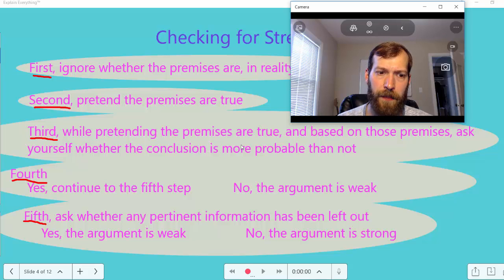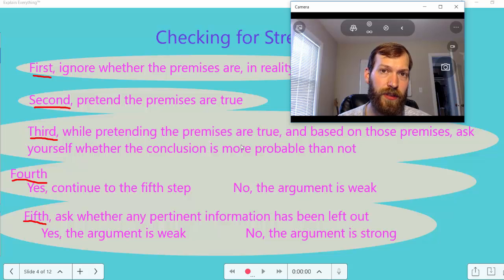All right. So fourth step, if we say yes, given that the premises are true, it is more probable than not, then we continue to the fifth step. If not, then we already know that the argument is weak. We don't need to go any further. But once we get to the fifth part, then we ask ourselves whether any pertinent information has been left out.